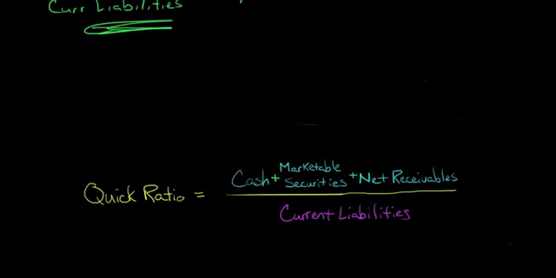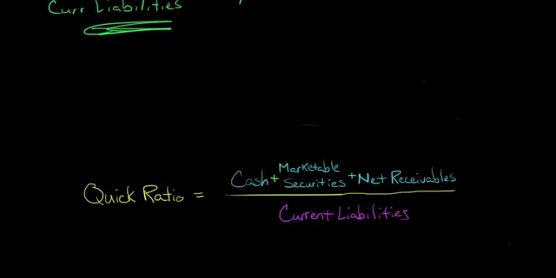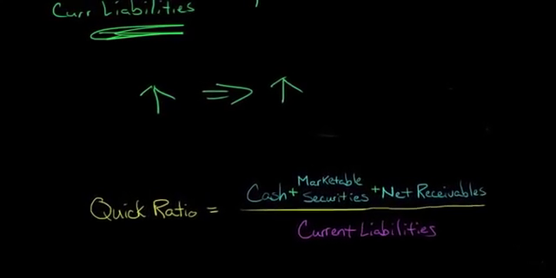And then we just divide it the same way we did with the current ratio. We just have the denominator again as current liabilities. And this is going to yield the quick ratio. So again, if you have a higher quick ratio, that's going to imply higher liquidity.